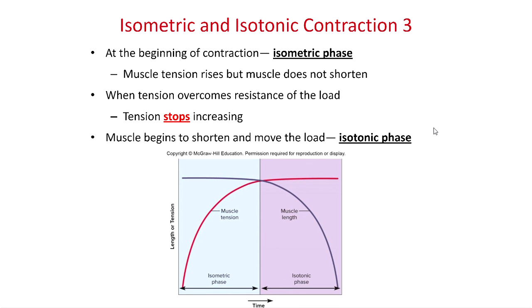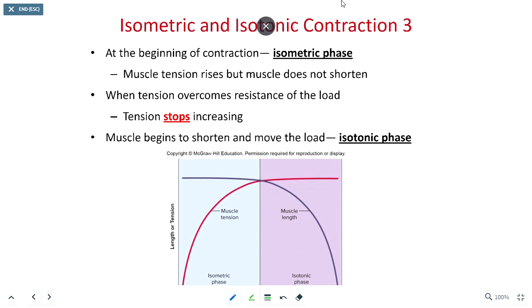As we're looking at isometric versus isotonic, there's going to be a little bit of overlap between the two. Whenever a muscle is just starting to contract, the muscle is going to have an increase in tension. The muscle is not going to shorten. This is for a very brief period of time, known as the isometric phase of contraction, when we start to contract the muscle, but it hasn't actually changed length yet.